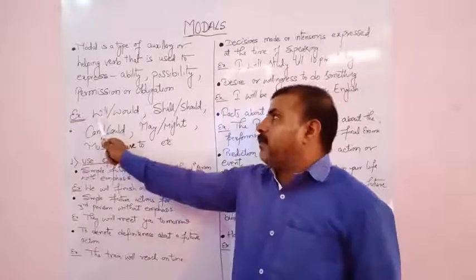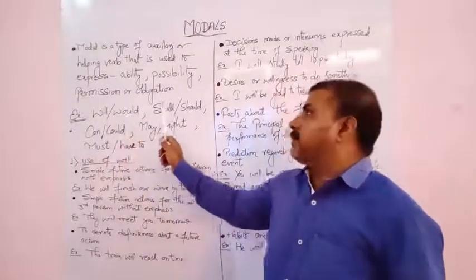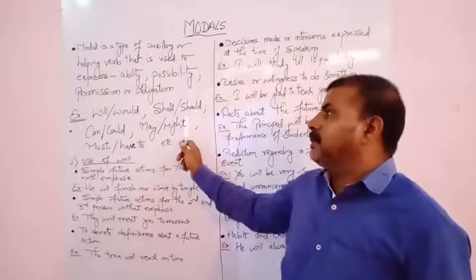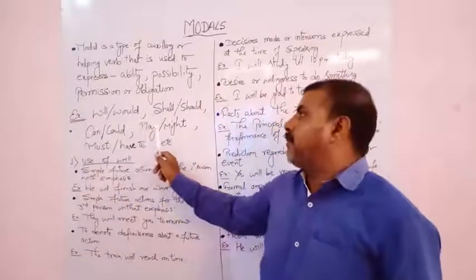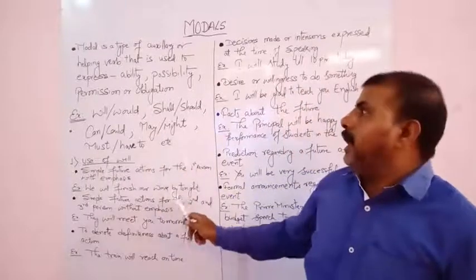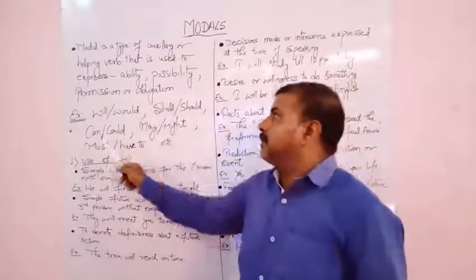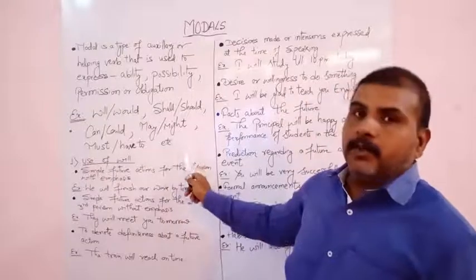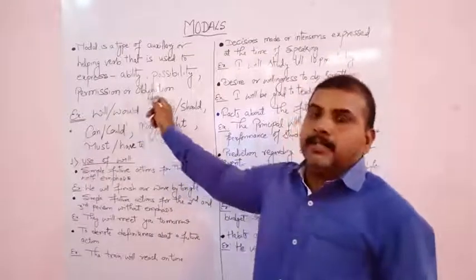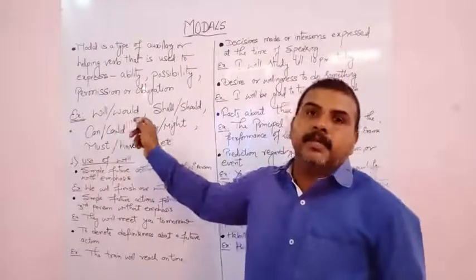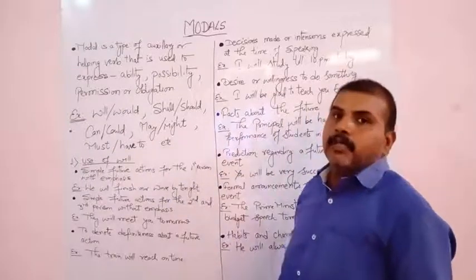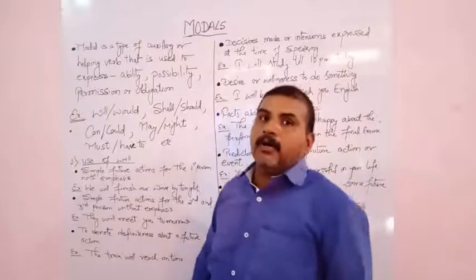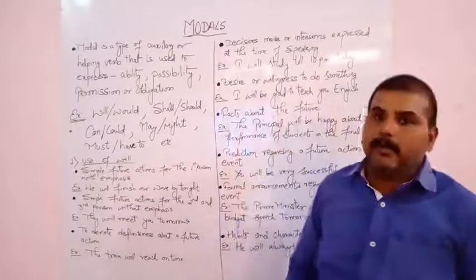The past form of will is would, the past form of shall is should, the past form of can is could, and the past form of may is might. And all these words denote what? They may denote either ability, possibility, permission or obligation. Such a type of helping verb or auxiliary verb we call a modal.